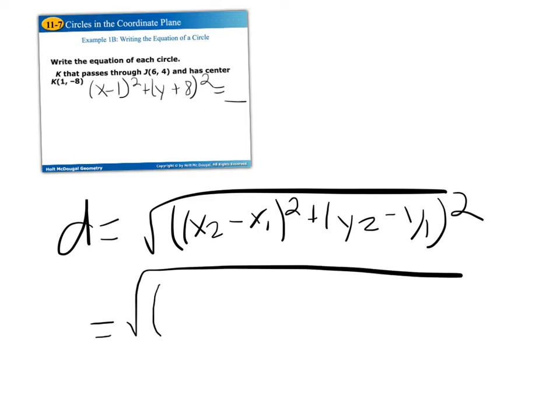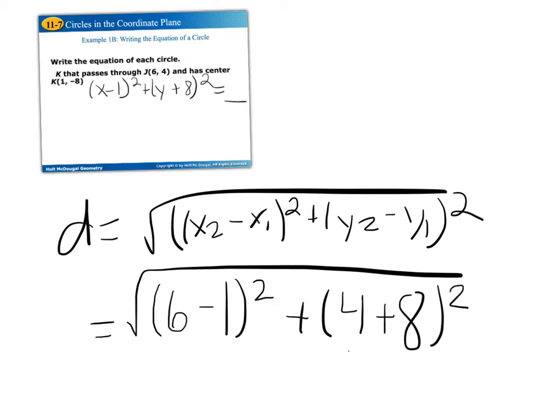I'm going to choose J to be my point 2 because I just want the radius to be my initial point, point 1 I'm going to call it. So I have (x minus 1) squared plus (y, plus 4 minus negative 8) squared. Notice how I had a minus negative, so I changed it to positive.